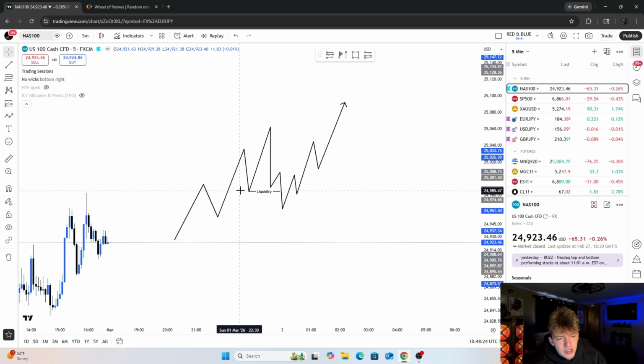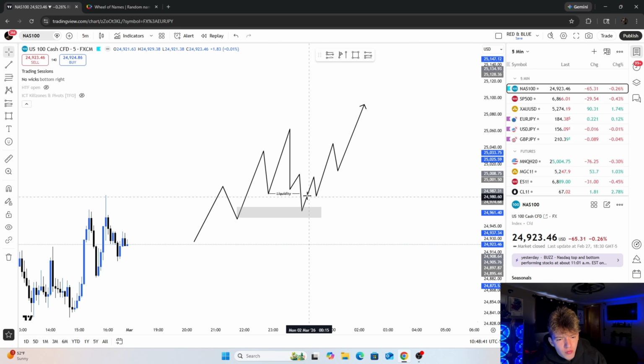Price may come down, and instead of putting in a higher low, we take this internal low as liquidity, and then we react from a key area to the left. That key area is a demand zone that we look for. We look for a demand zone and a liquidity sweep to the left, and we have certain criteria that has to be met for this demand zone to be valid. If it is, then we take a long position if it's within trend. So that's kind of a core understanding.